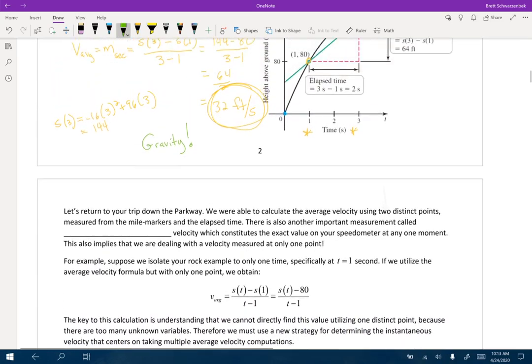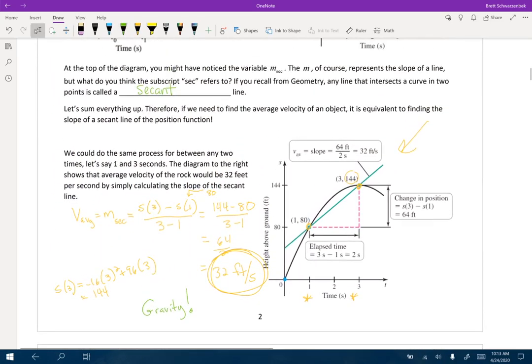And worth noting, if you look at the graph itself, eventually what's going to happen to it? So the graph is up here, right? Eventually, it's going to start going down. Well, what happened at the top? The rock at some point is going to stop and then start coming back straight down, hopefully not to smack you in the head.